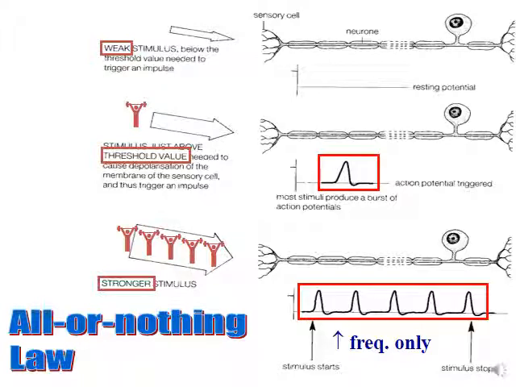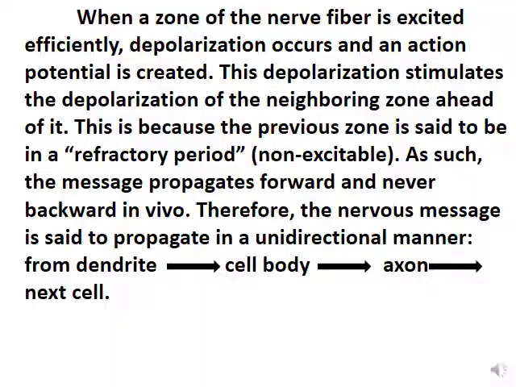To reach the threshold, we have an action potential. With a strong stimulus, we will have more than one action potential, but as you see, all of them have the same amplitude. So the message obeys the law of all or none. Either we have an action potential or not, but what differs is the frequency, how many times it repeats itself.